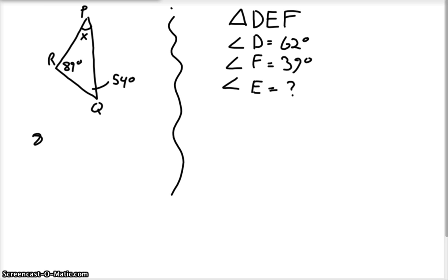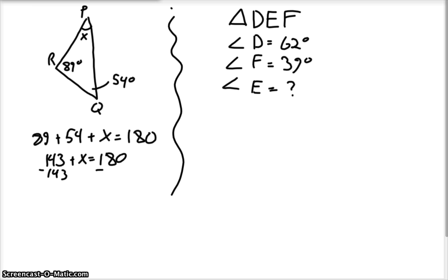So we have 89 plus 54 plus X equals 180. So we add together 89 and 54. That is going to be, sorry, I gotta use a calculator, 143 plus X equals 180. And we gotta get X all alone, so we subtract 143.